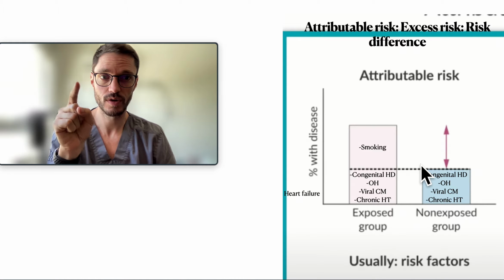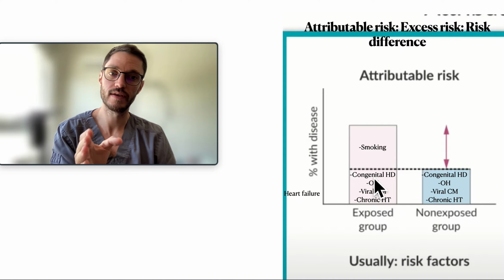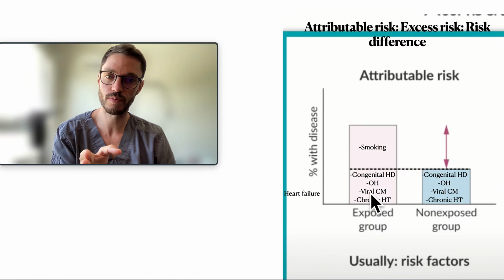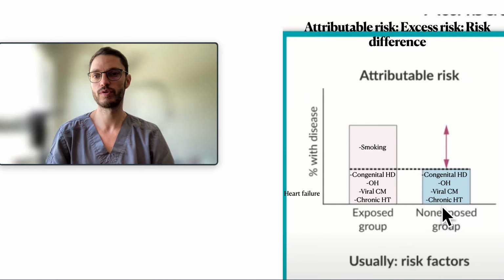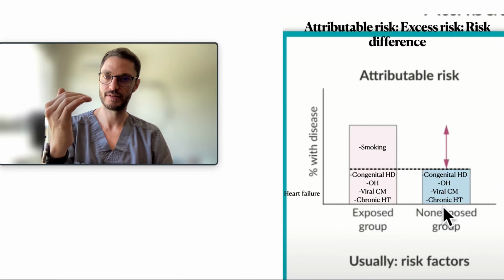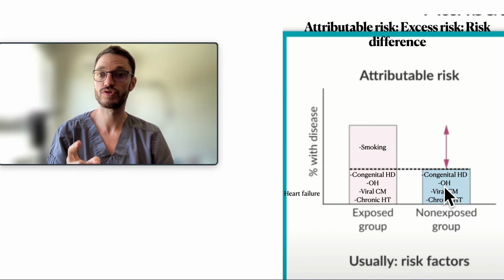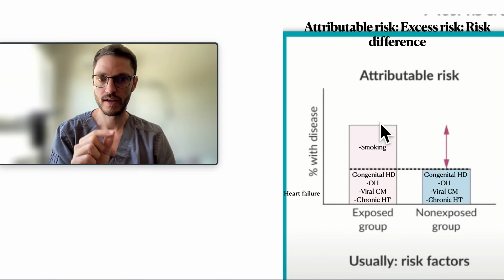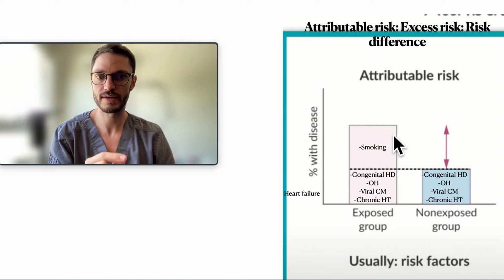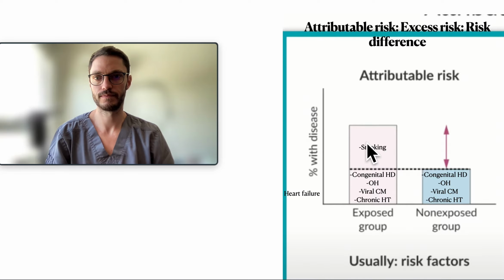You have to calculate the risk difference: exposed group incidence minus non-exposed group incidence. Very simple. In relative risk, you divide them. In attributable risk, you subtract. That's the way you'll identify the risk attributed to the exposure.